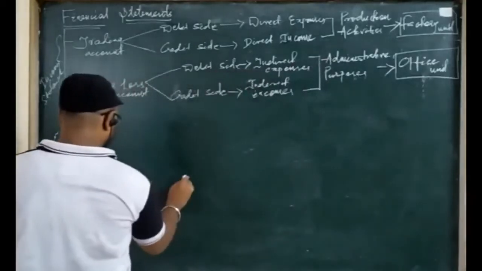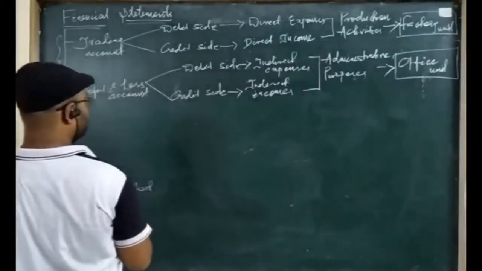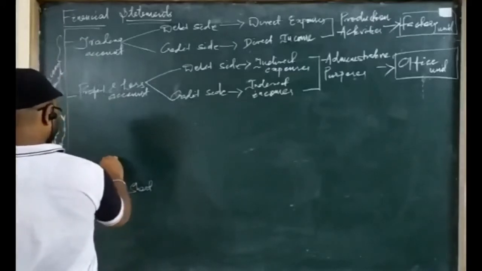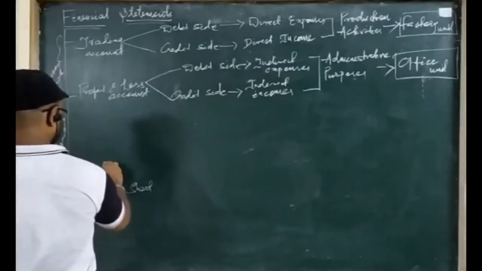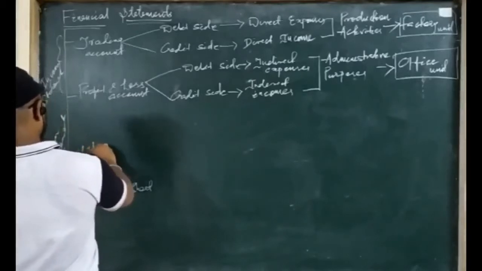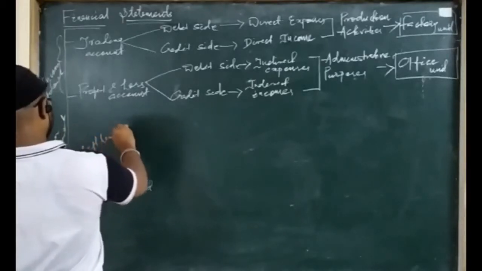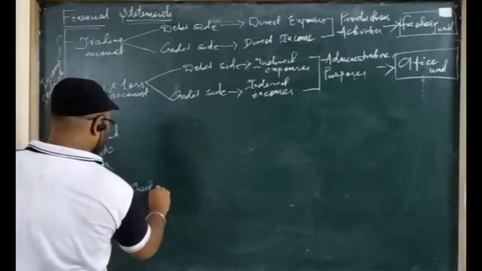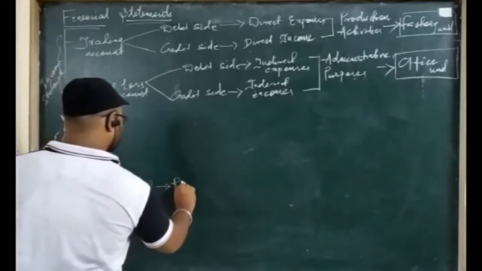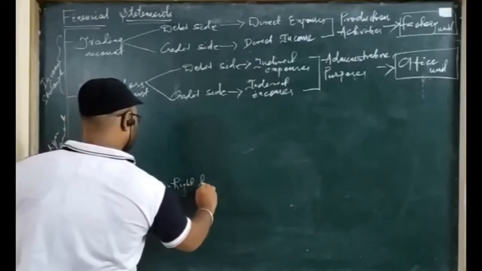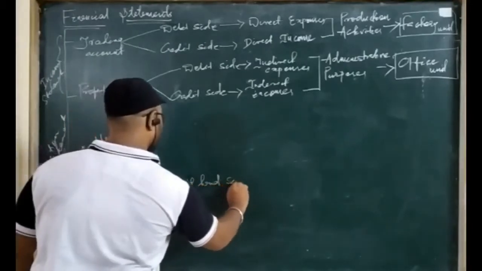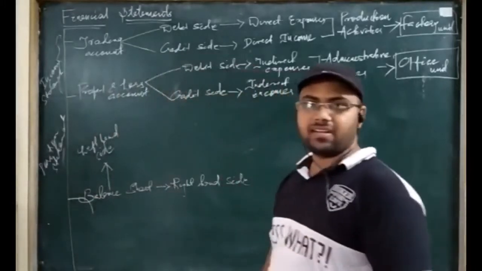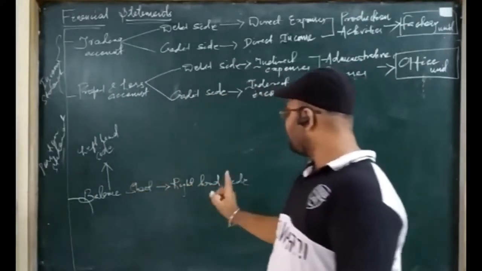So the balance sheet has two sides. I am writing here for better identification: left hand side and right hand side. Or you can say LHS, RHS, which you must have studied in maths. LHS means left hand side, RHS means right hand side.